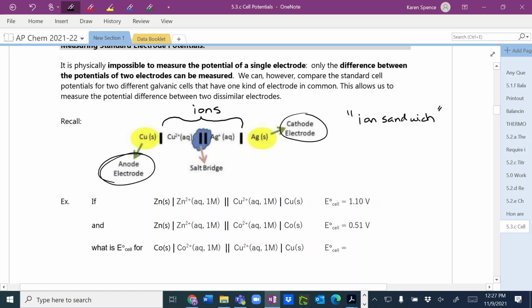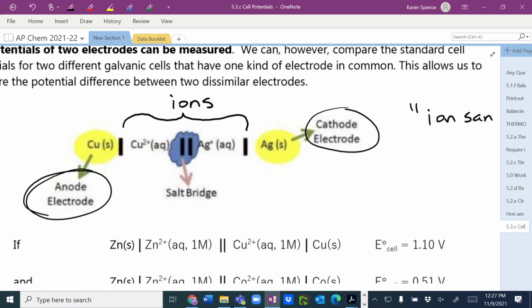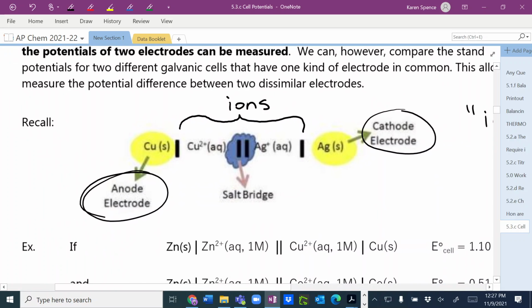And if you think about the half cell reactions, if this were our cell, the half cell reactions would be Cu goes to Cu 2 plus plus 2 electrons, yeah? And the other half cell would be Ag plus plus an electron gives us Ag.